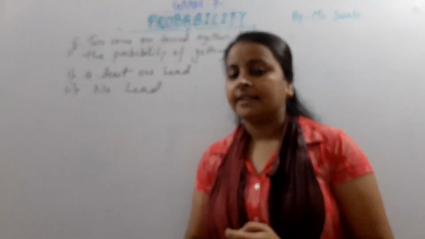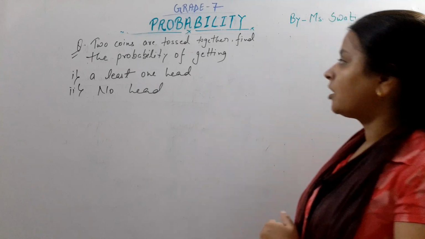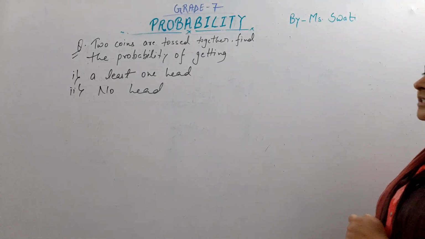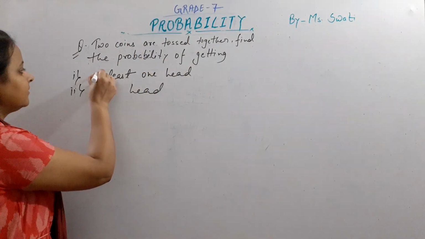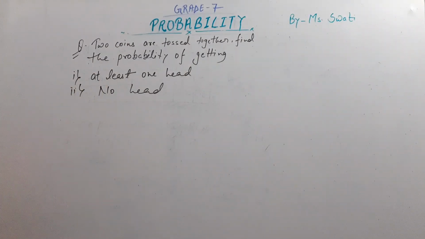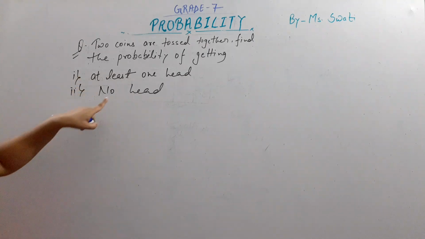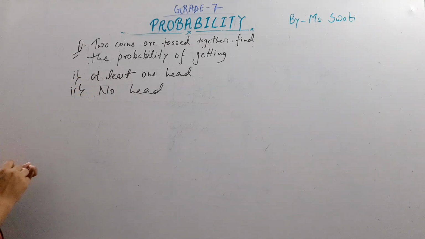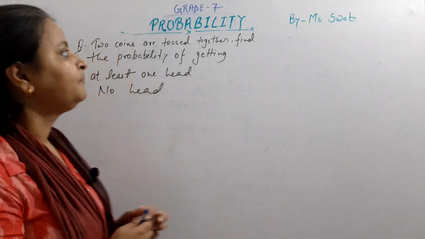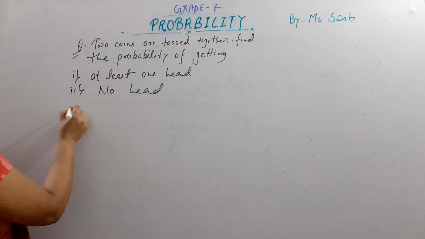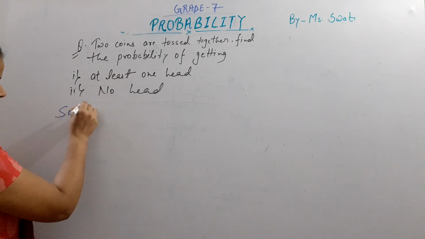The next question is, 2 coins are tossed together. Find the probability of getting at least one head. 2 coins are tossed together. Find the probability of getting at least one head and no head. Students, when we toss 2 coins simultaneously, what are the outcomes?